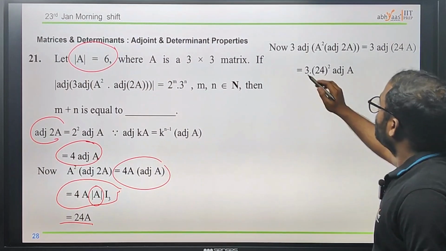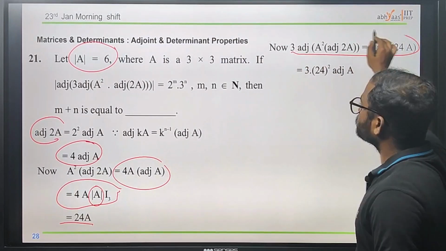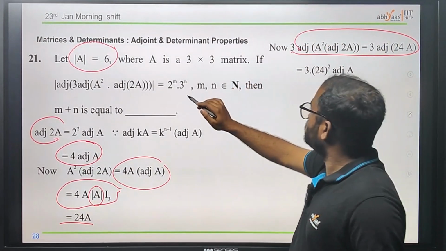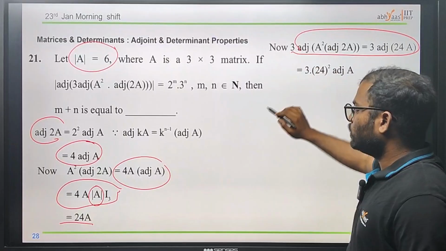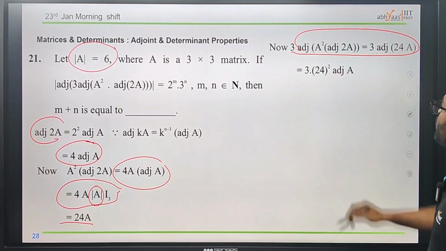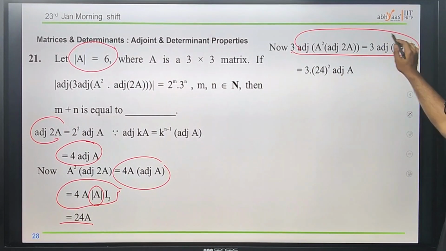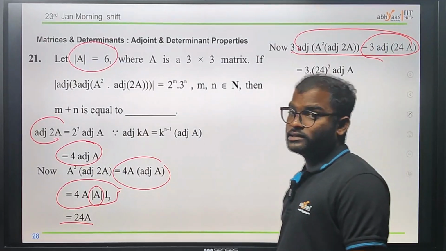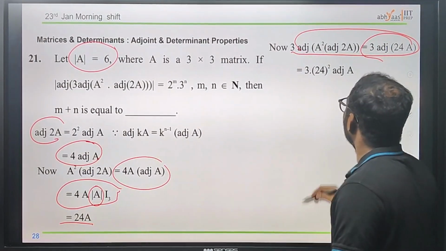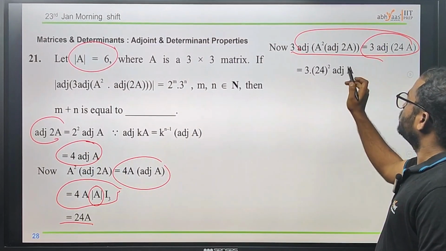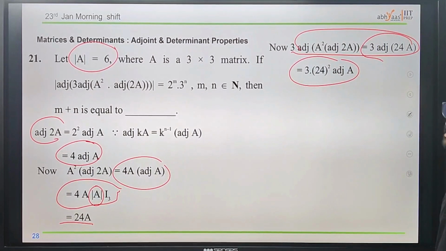Now we have 3 into adjoint of A square into adjoint of 2A into 3 into 24A. Just make it equal. Now which is equal to 3 times 24 square adjoint A.